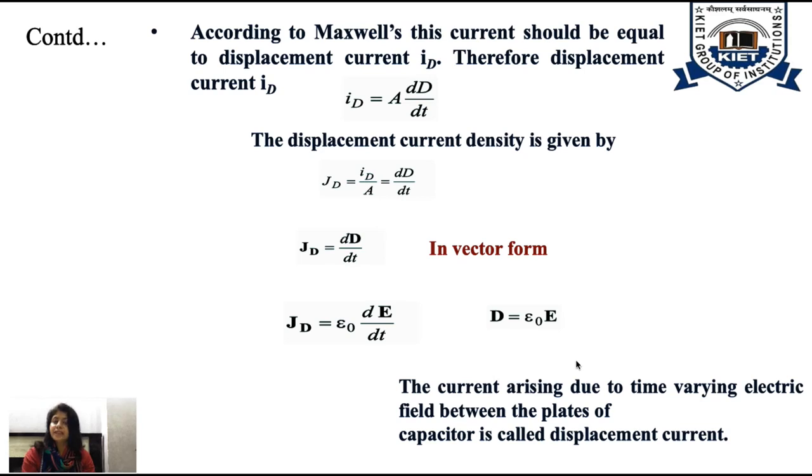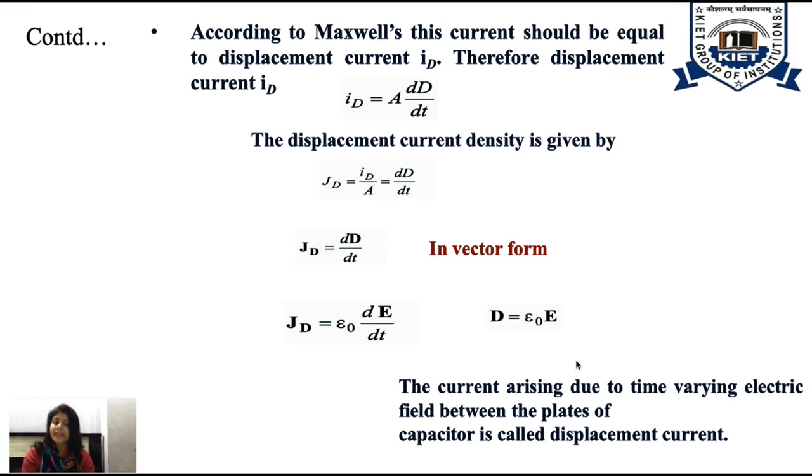Then the displacement current density JD is equal to ID by A, which is equal to dD by dt. In the vector notation, JD is equal to dD by dt, where JD is the vector, D is the electric displacement vector. If D is equal to epsilon naught E, where epsilon naught is the free space permittivity, then JD becomes epsilon naught dE by dt, where JD is the displacement current density.